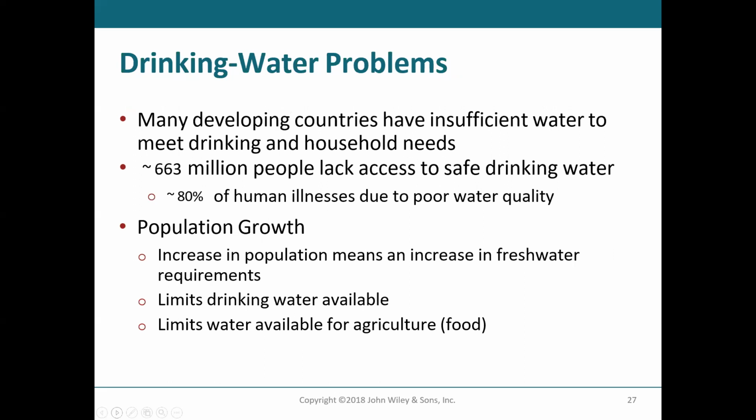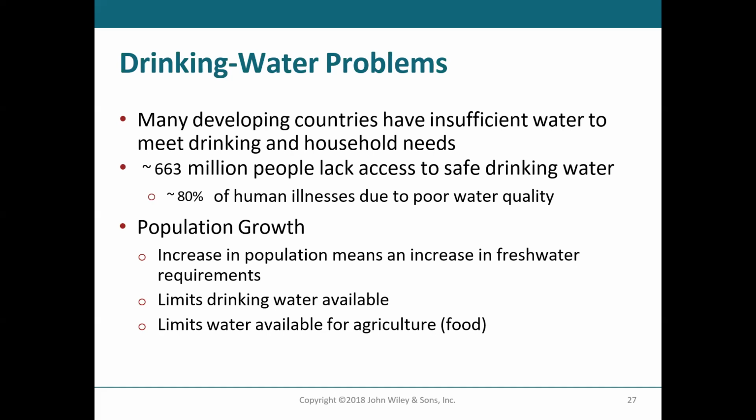Drinking water problems. I'm sure you guys have all heard, but a lot of the inhabitants of developing countries have insufficient water needs that are met, right? This is also due to the lack of proper distribution. So it's around 663 million people that lack safe drinking water.